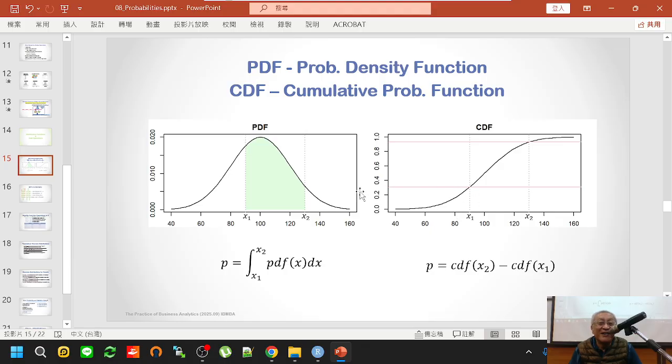Then I calculate the probability from the left tail to x2, and the value is here. I deduct the two values, and then I get the probability. If you learn probability or statistics, this is basically how PDF and CDF work.